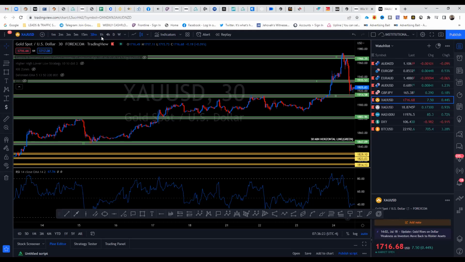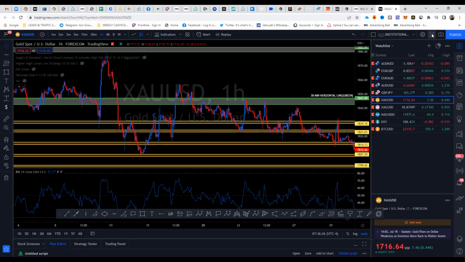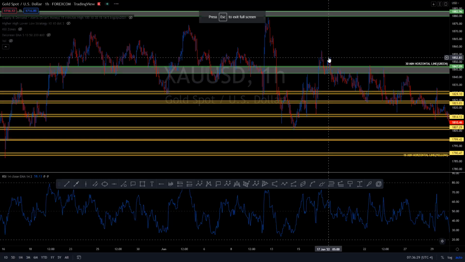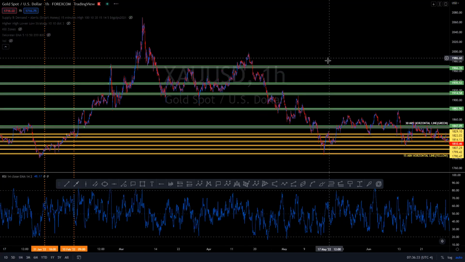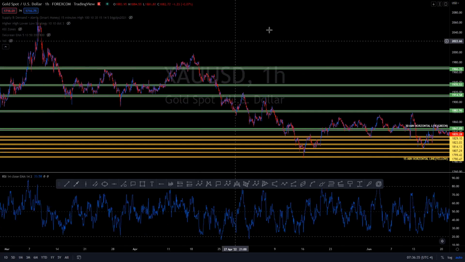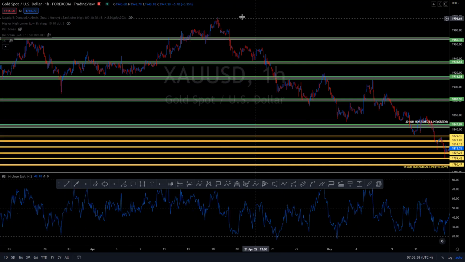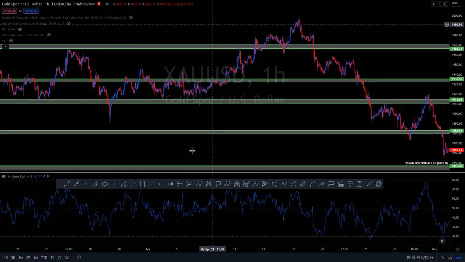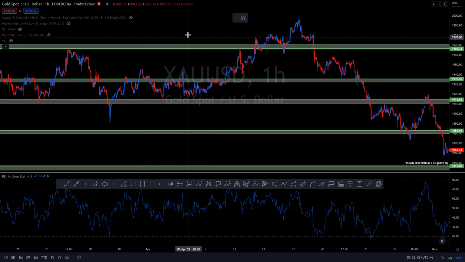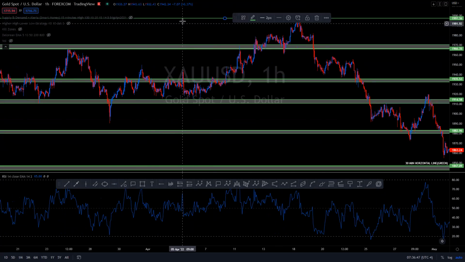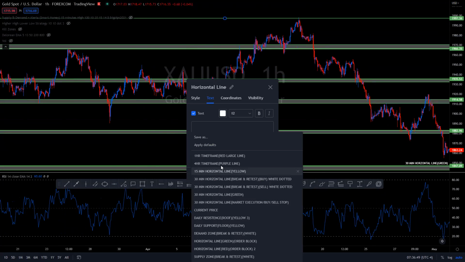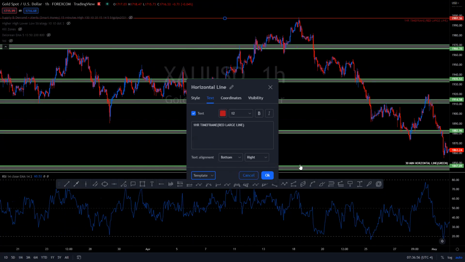So now we're going to move on to the 1 hour. So it looks like we marked up the 1 hour already. We didn't get these areas here. Change this to red. My red, there it is.